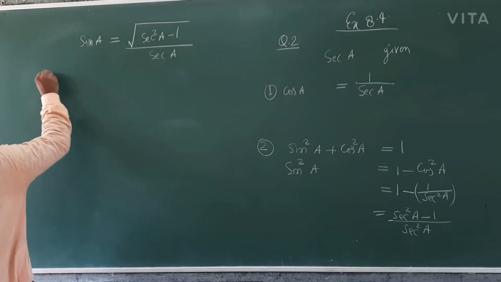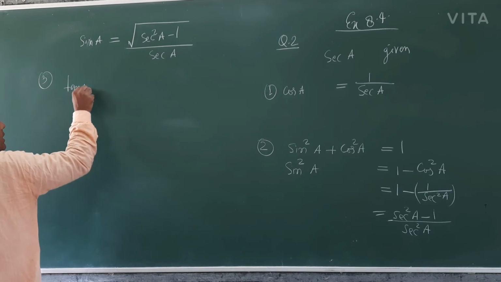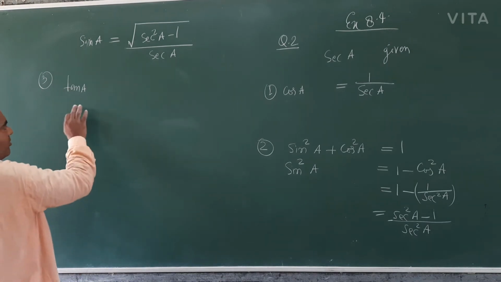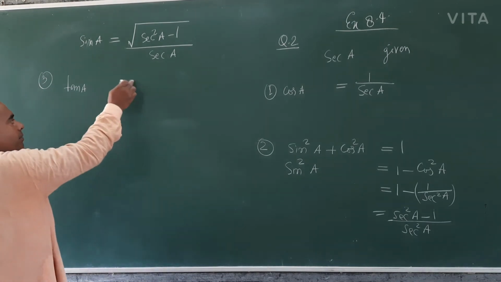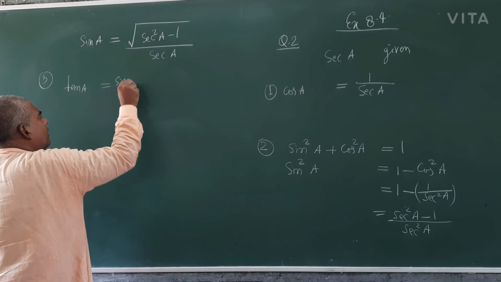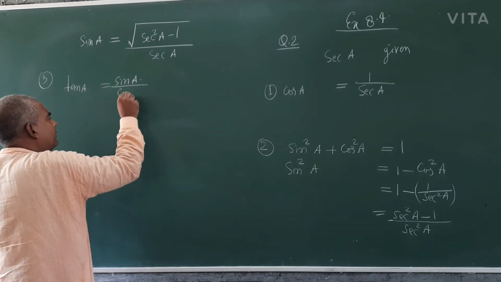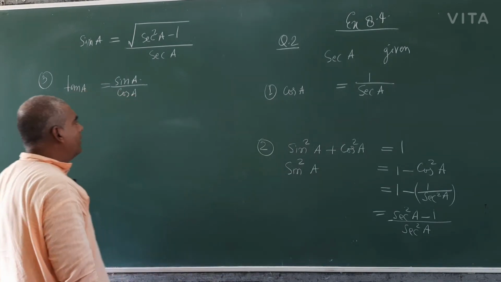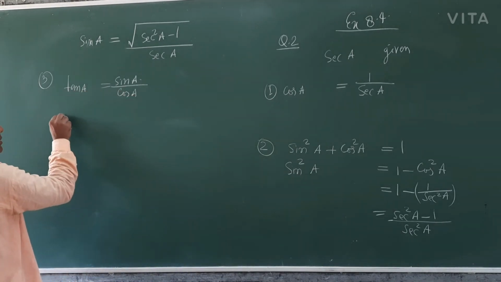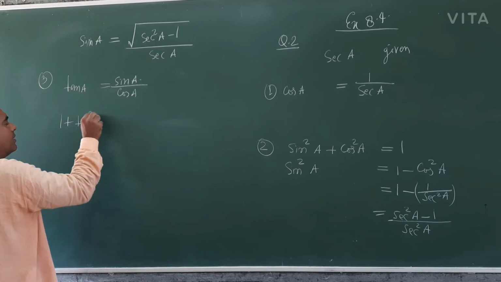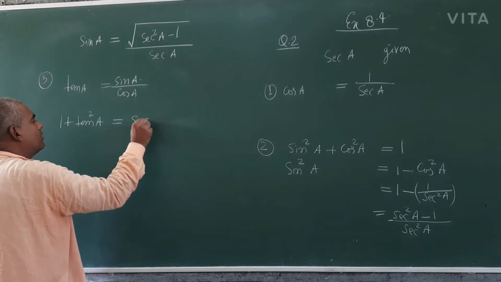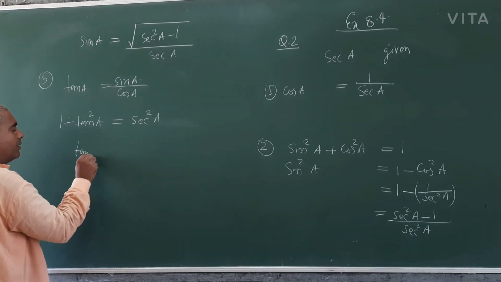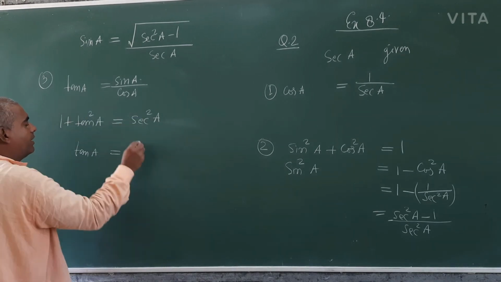So the third one, tan A. For tan A you have two formulas. Tan A is equal to sin A upon cos A. With the help of this you can find it, since you have got sin A and cos A. Otherwise we have another formula: 1 plus tan square A is equal to sec square A. So very easily we can find tan A is equal to under root of sec square A minus 1.